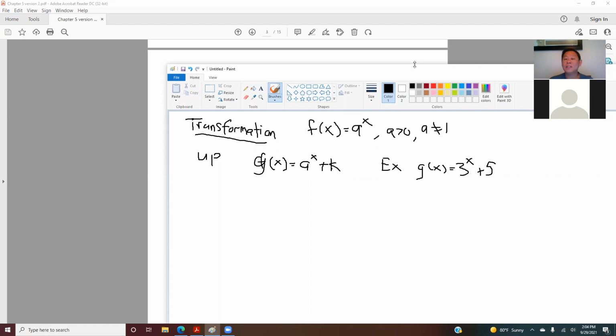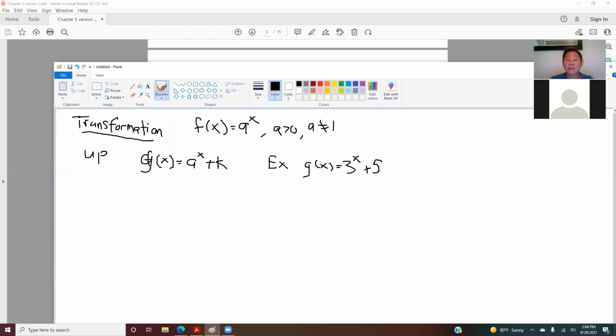The plus 5 means you go up 5. Sometimes they can be tricky. They can write this as 5 plus 3 to the x. So they put the 5 at the front. You can put the 5 at the front and put the 5 at the back. As long as the 5 is positive, it moves up.